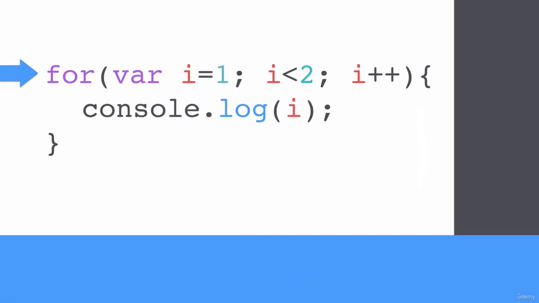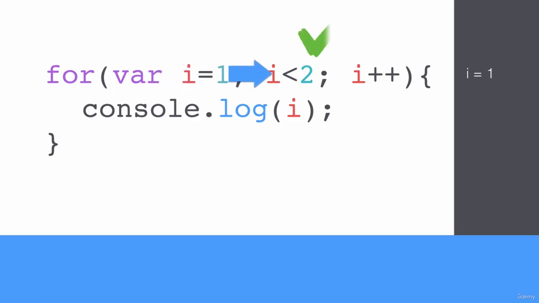In our case, we've got a for loop where we start off with variable i that's equal to 1. And we're ending when i is less than 2, and we're incrementing i by 1 each time. And inside the for loop, we're simply logging the value of i. So once we get to this line, the computer will run this code and create a variable i, and it will set it to equal 1. That's the beginning value.